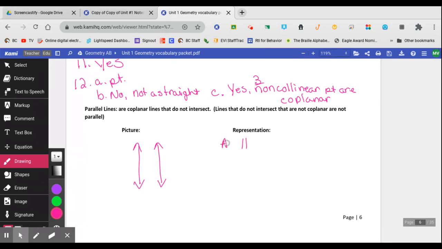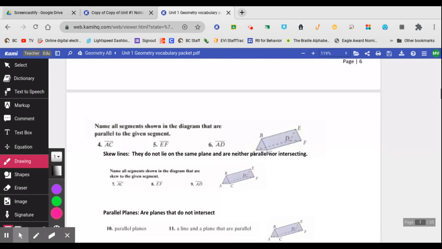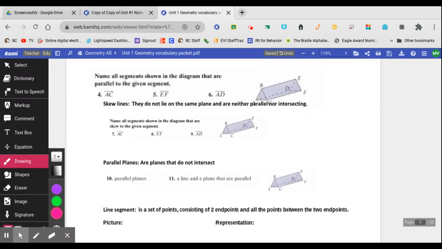So I could say that AB is parallel to CD. So I'll name these AB and CD. So again, I want you to pause and do these problems and then come back, watch the video, and we'll go over them.